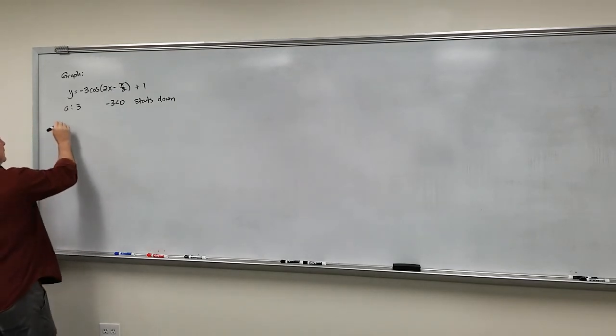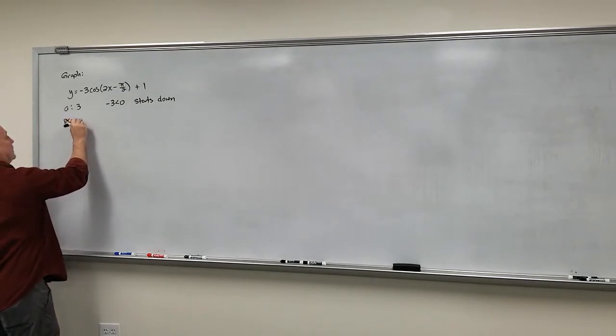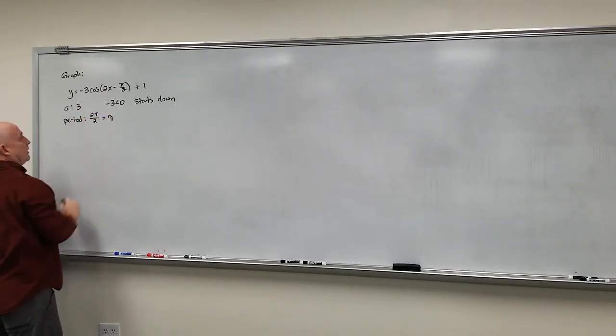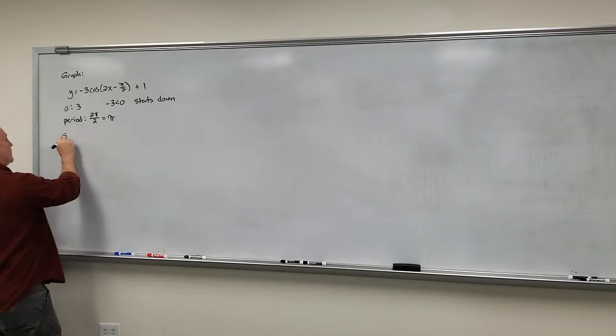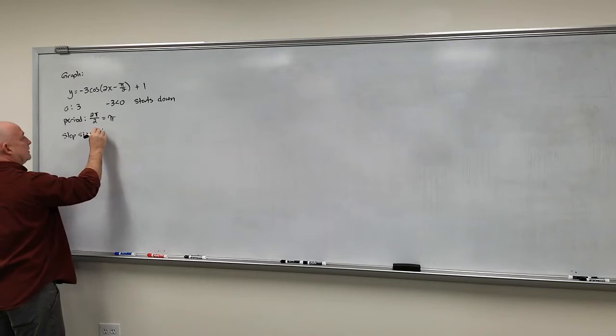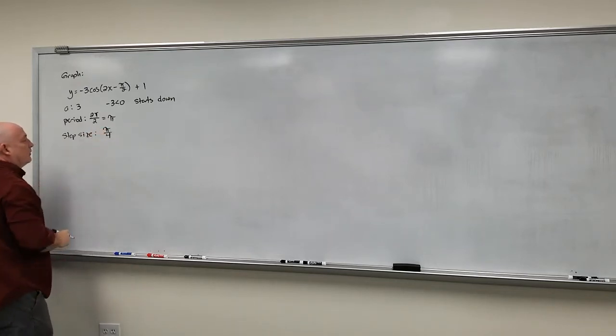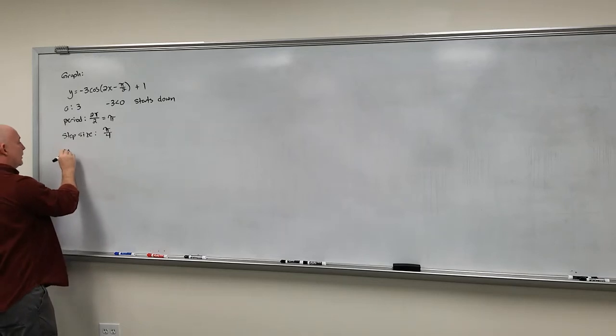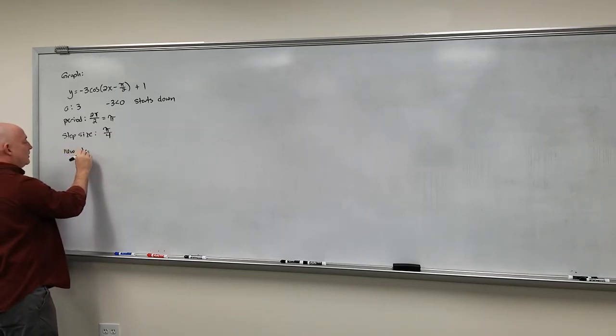All right, our period is 2 pi divided by whatever's in front of the x, so 2, so our period is now just pi. Our step size is always the period divided by 4, so our step size is going to be pi over 4.